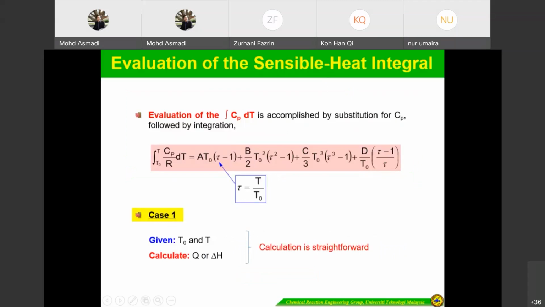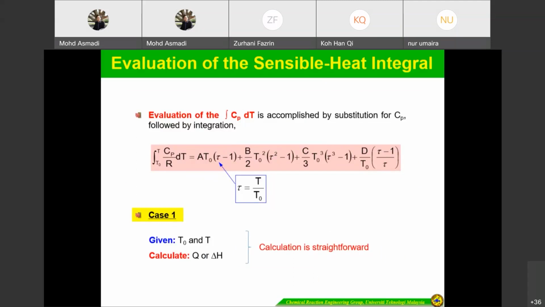For the evaluation of the sensible heat integration, if the temperature is high, for example at 200 degrees C, and you want to determine the enthalpy as well, and after that you want to determine the heat.